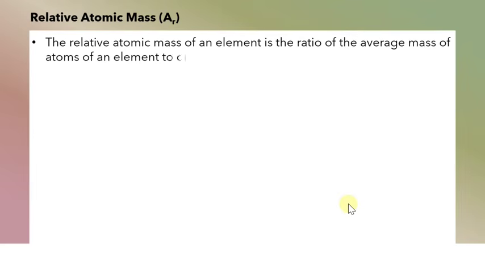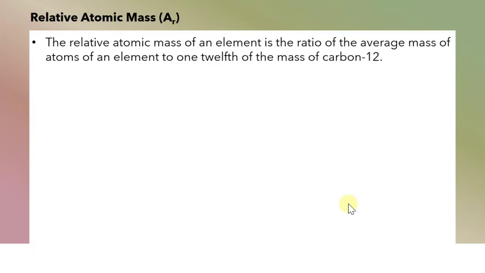The simplest definition is that relative atomic mass of an element is the ratio of the average mass of atoms of an element to 1/12 of the mass of carbon 12.